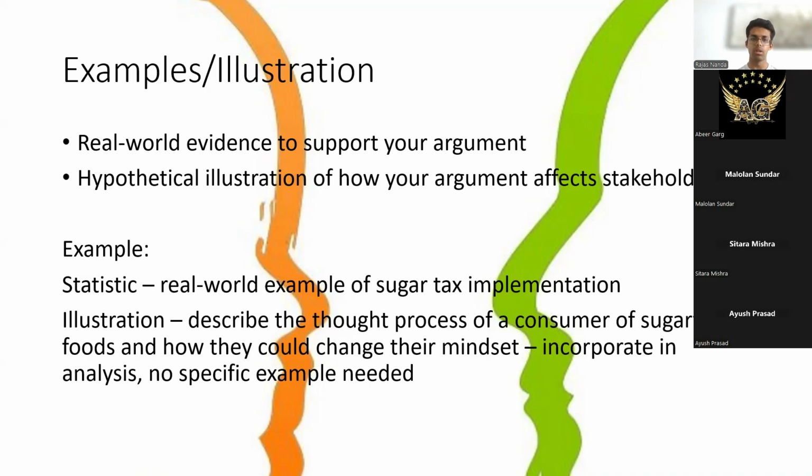Yes, that is real world evidence to support your argument, but it doesn't actually tell me why it didn't work. Maybe there were very different circumstances in that country. Maybe that was an exception. So unless you actually explain to me there are three reasons why a sugar tax will not work, no matter the scenario, then it's hard for me to believe your argument.